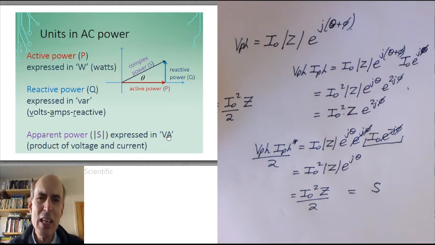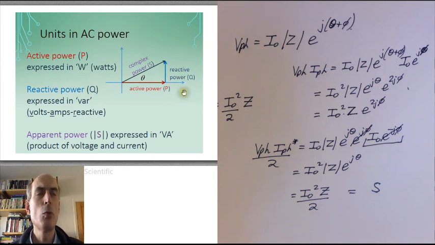It's got the same kind of units as watts, but we don't refer to it as a quantity in watts, just so that it's clear that we're talking about a complex power rather than an actual real amount of energy that's leaving the circuit.